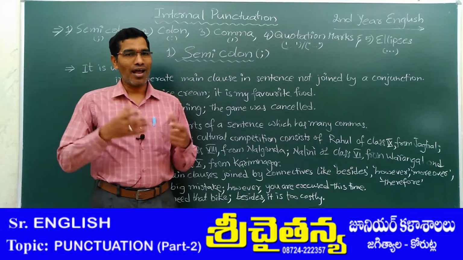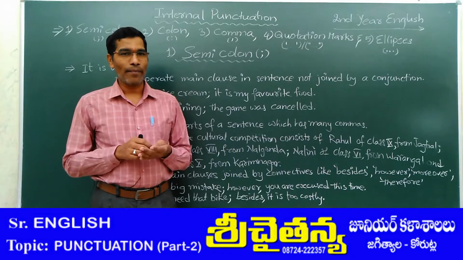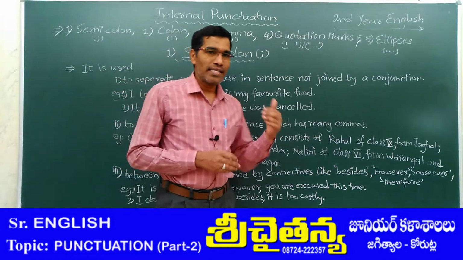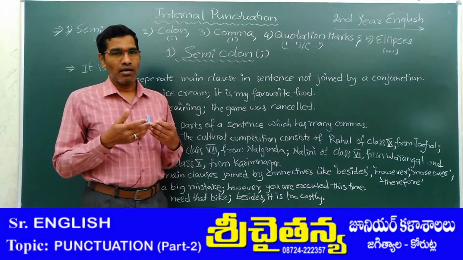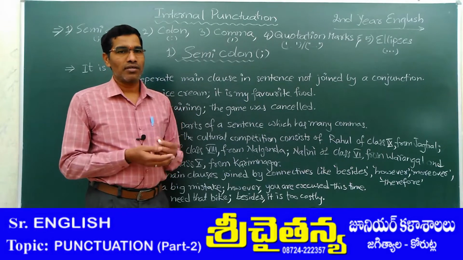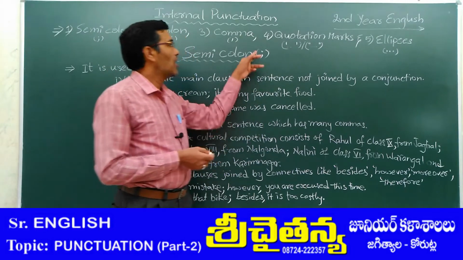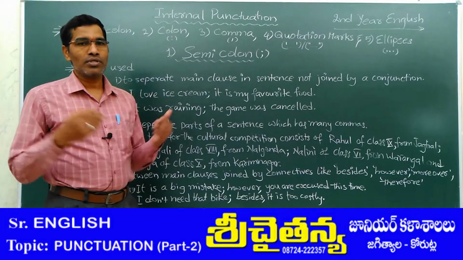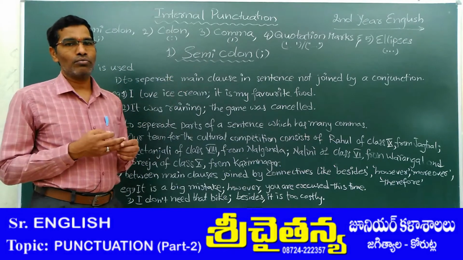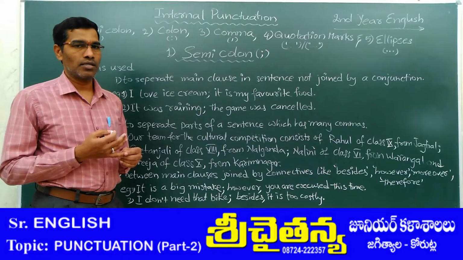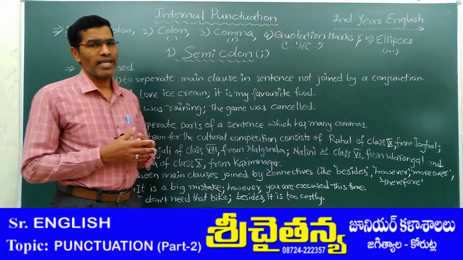The conjunctions are and, but, or, like that. Here, instead of using conjunctions, we can use a semicolon to join the 2 main clauses. Main clauses means main sentences.